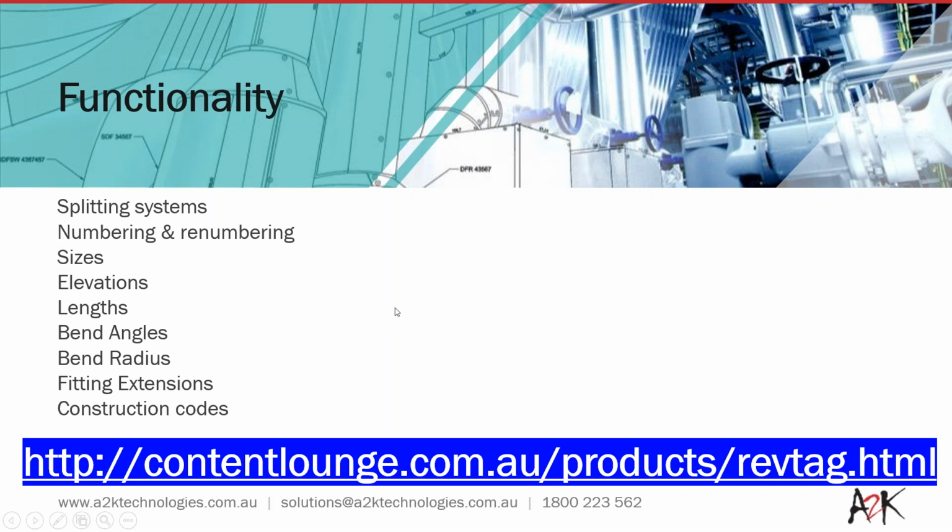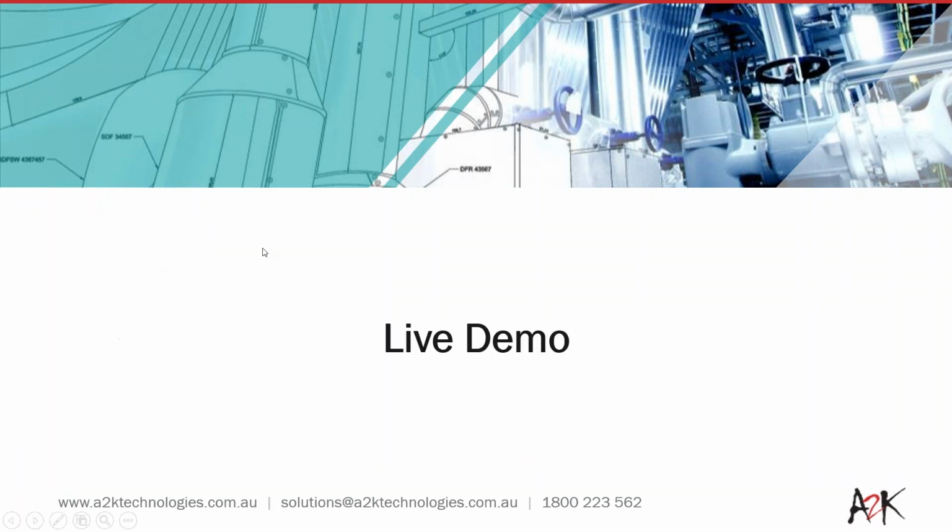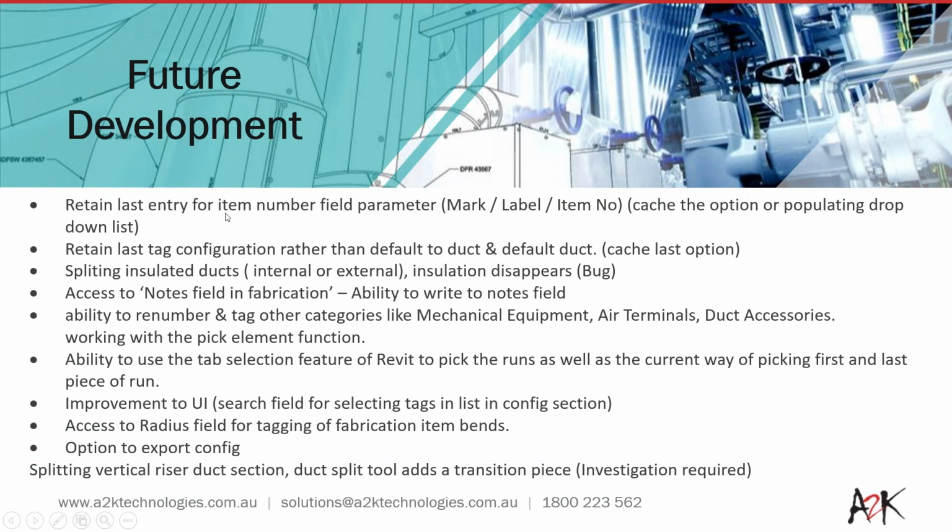Not necessarily limited to all that. We are at version 1 of this product. So moving forward, I'm just going to skip the live demo slide and look at some future development.